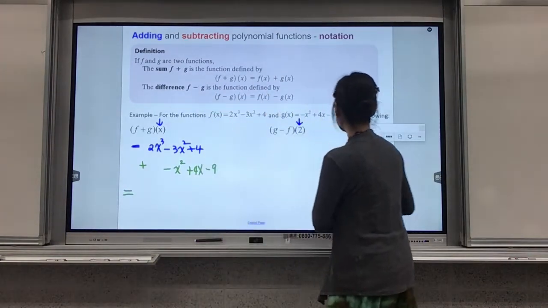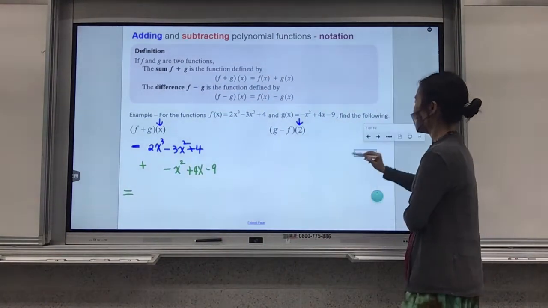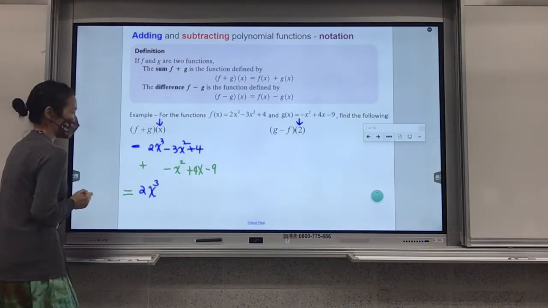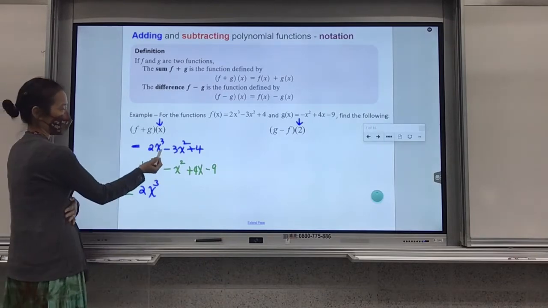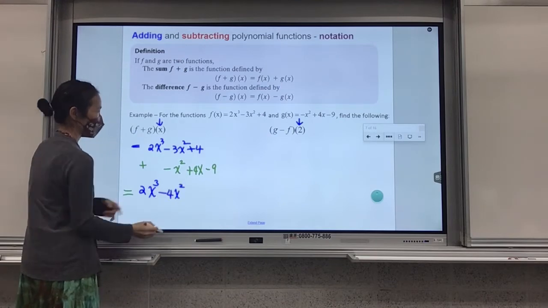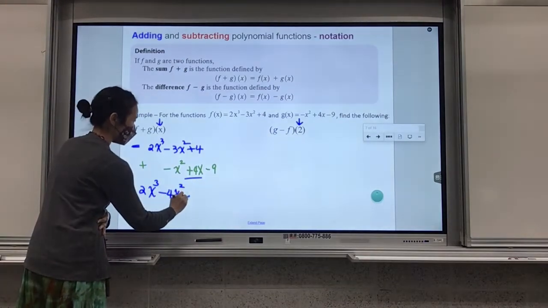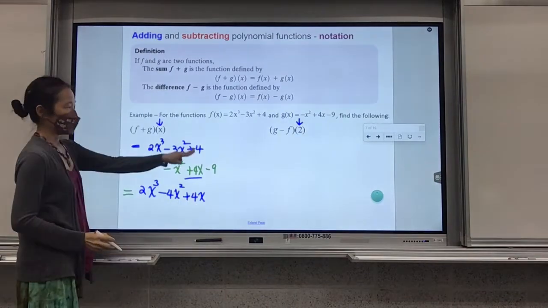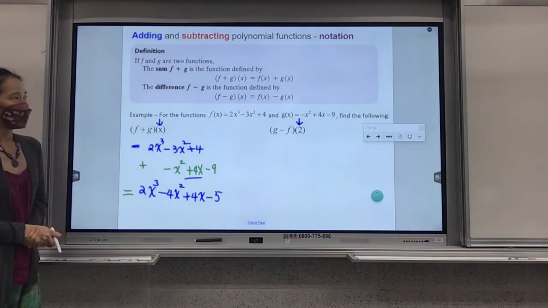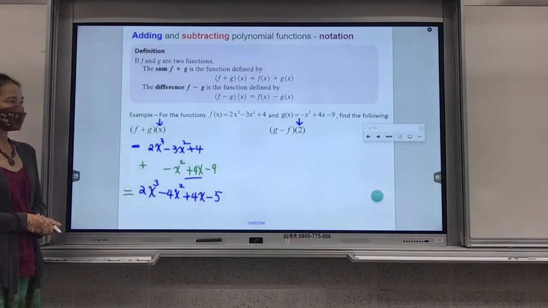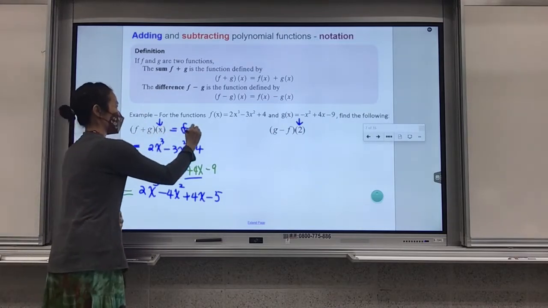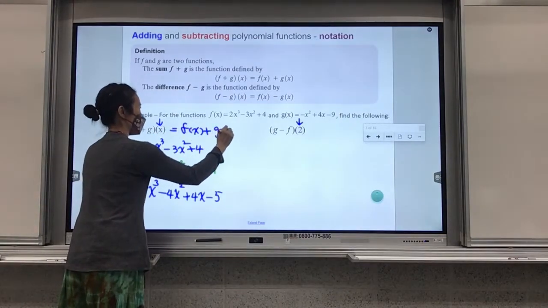So I will end up with 2x to the power 3. Negative 3 minus 1 is negative 4x squared. A single term of plus 4x. Combine the constants, minus 5. So this is f of x plus g of x.